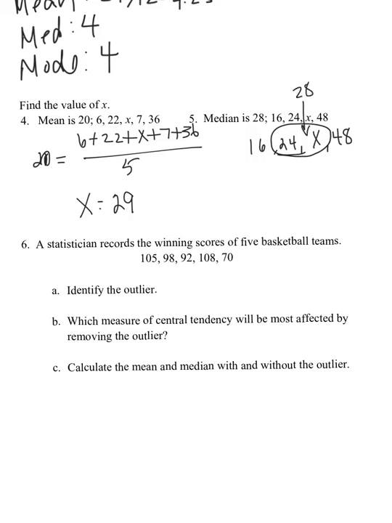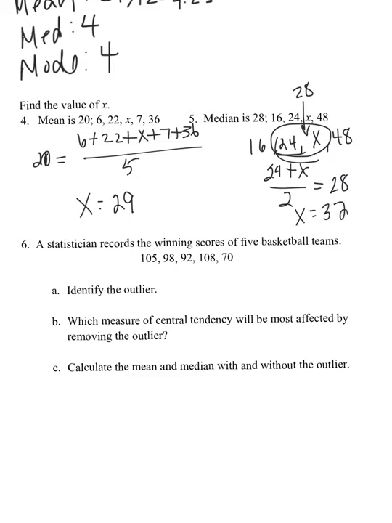So in order to do that, you're going to take 24 and x. Again, no spoiler alert, pause it. Divide it by 2. And this value in here divided by 2 is going to equal that 28. So take a second and solve it. X is going to be 32.